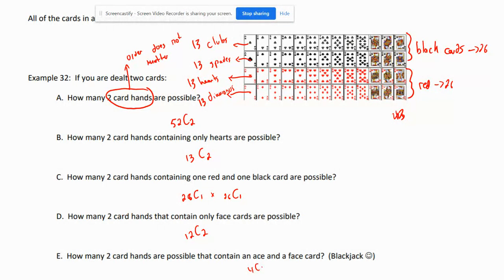That'll be 4 choose 1, and you have 12 face cards, 12 choose 1. Okay, so the 12 face cards, you want 1 of them. Okay, guys, we're playing 21. That would be blackjack. Very good for you if you're playing that in the casino if you get that. Sound good? Okay, so this is how we kind of do these calculations over here.